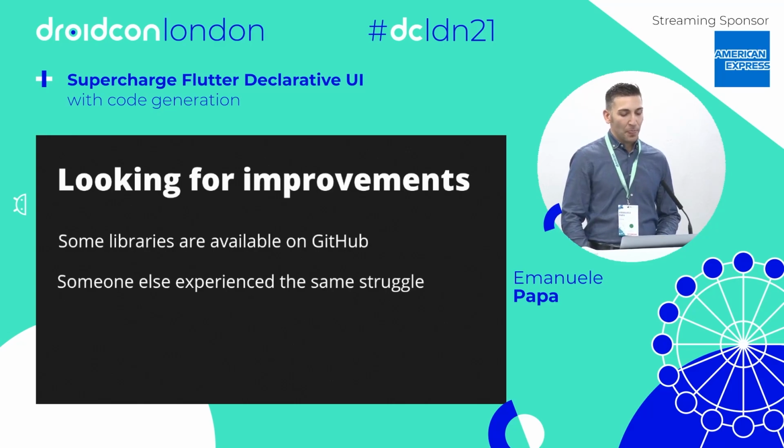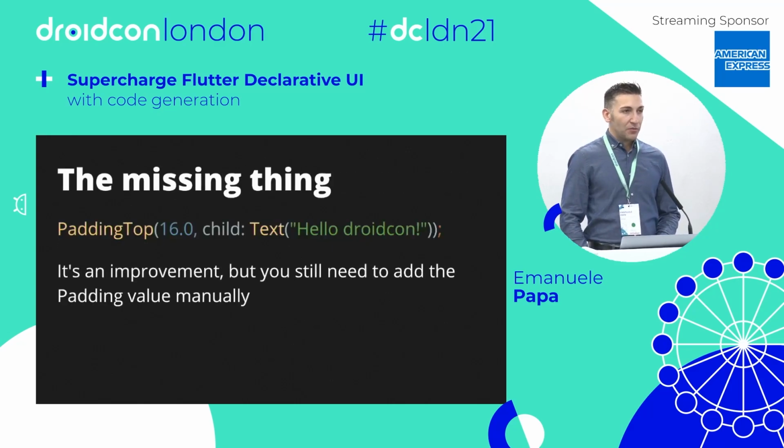So one of the libraries I found on GitHub was providing a set of already made widgets, like padding top in the example here, where you just need to pass two parameters: 16, which is the value of the padding, and the child widget, where you want to apply the padding.